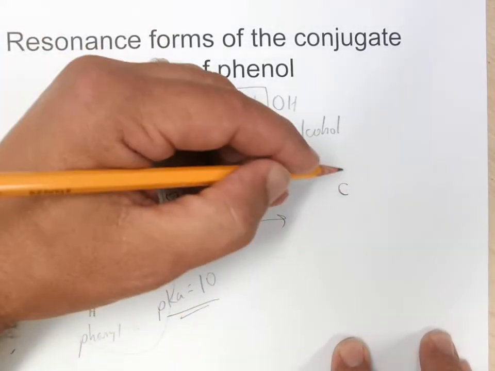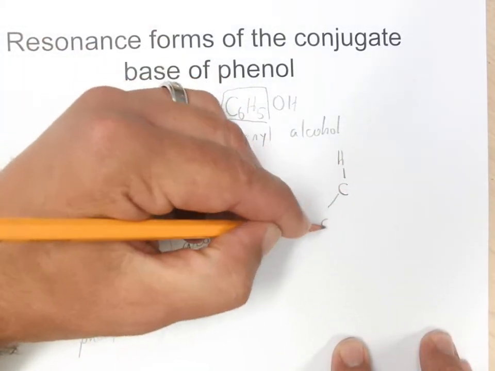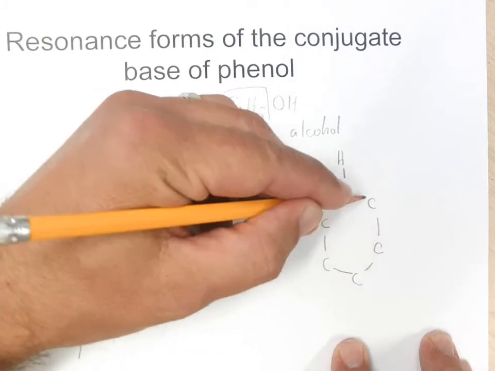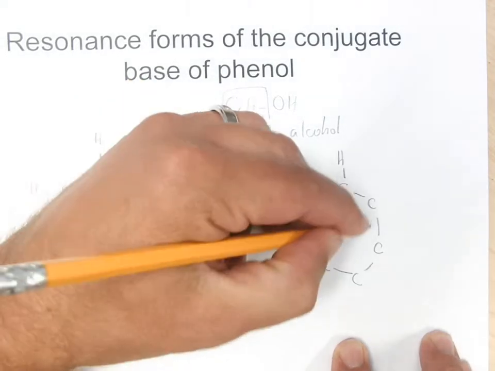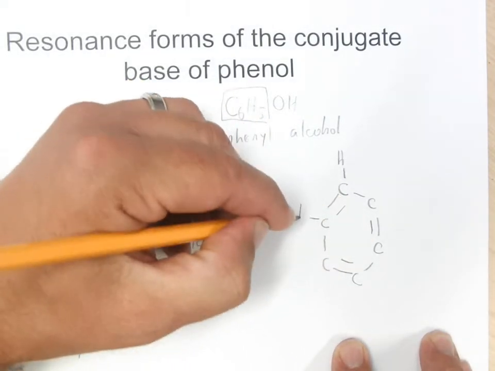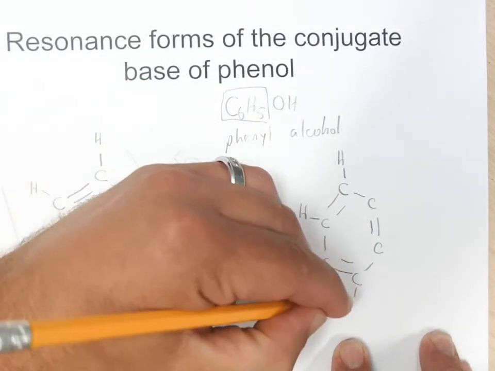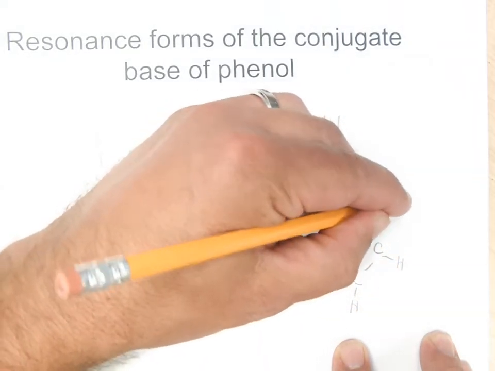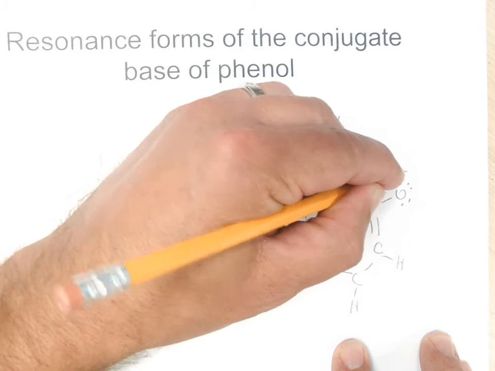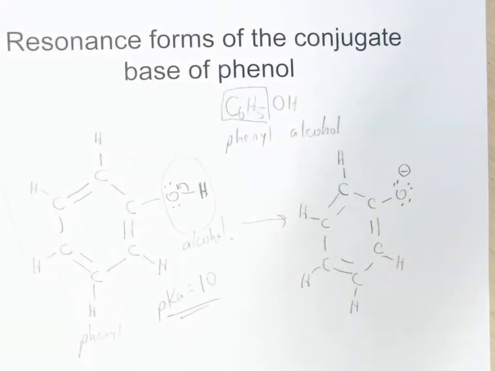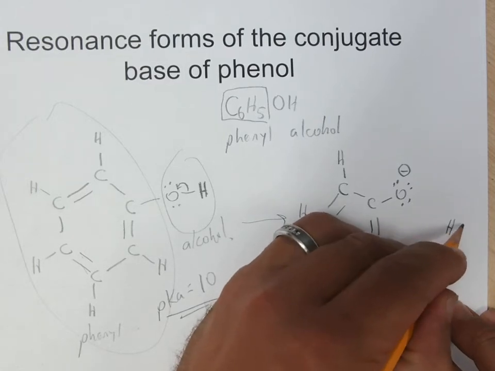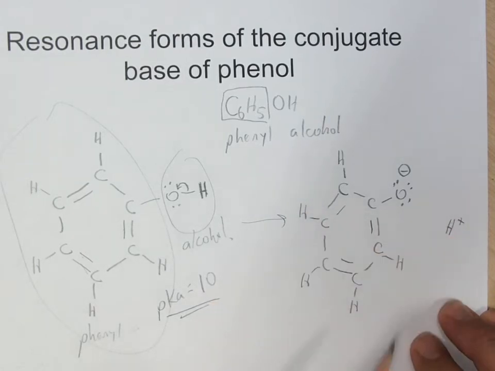So now we're going to redraw the phenyl group with its three double bonds, five hydrogens, and six carbons, but now the oxygen attached to the phenyl group is going to have a minus formal charge. As the hydrogen has left without the electrons as an H+, the electrons have had to sit on that oxygen.